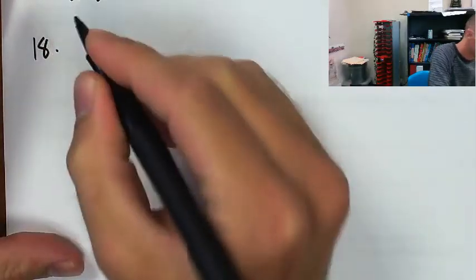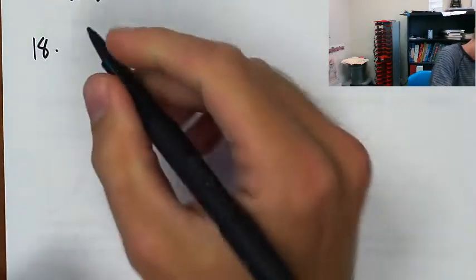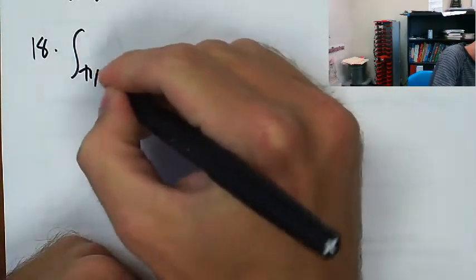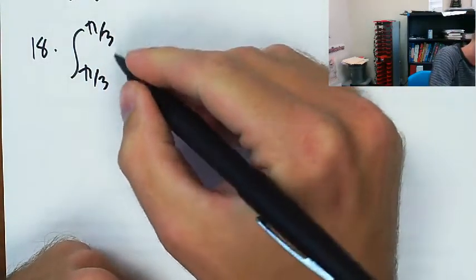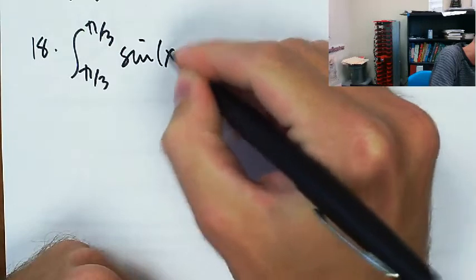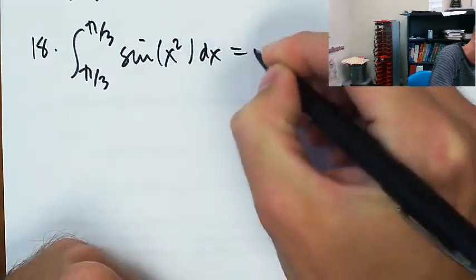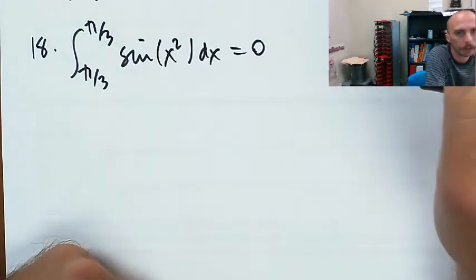18. Right, integral from pi over 3 to pi over 3 of anything is going to be 0. So the integral of sine of x squared dx equals 0 because it doesn't have any area.